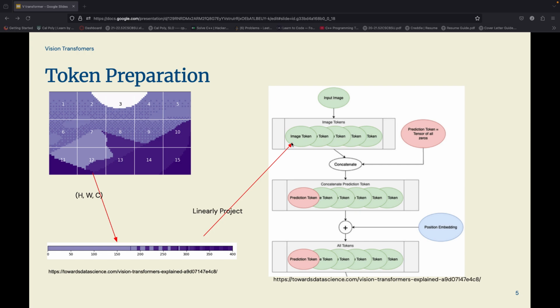It was also a transformer-based architecture, and what they did is prepend a prediction token in front of the image tokens and only classify the prediction token all the way at the end.